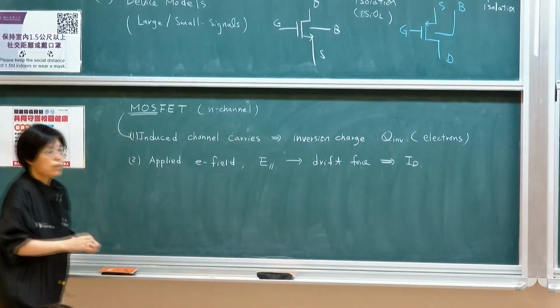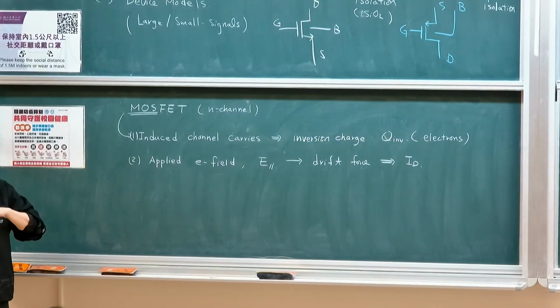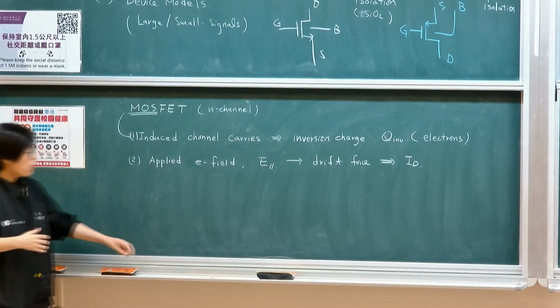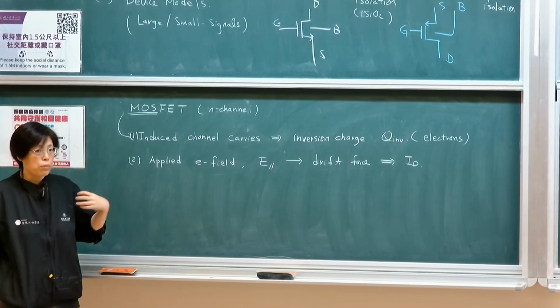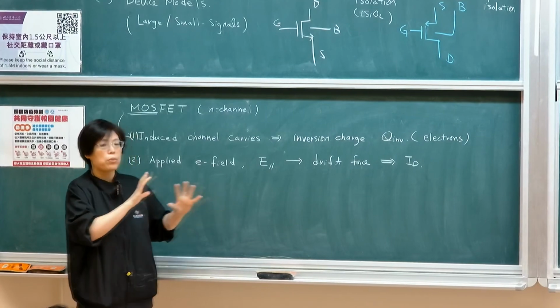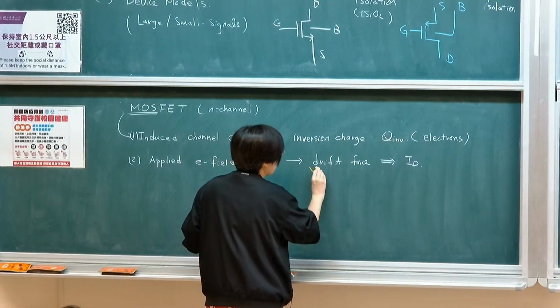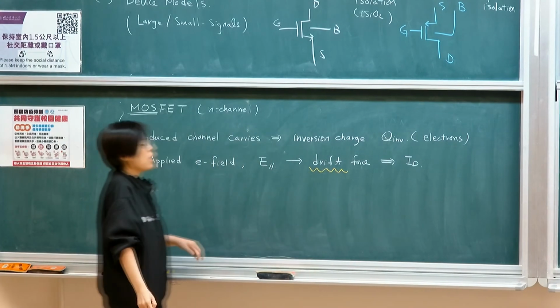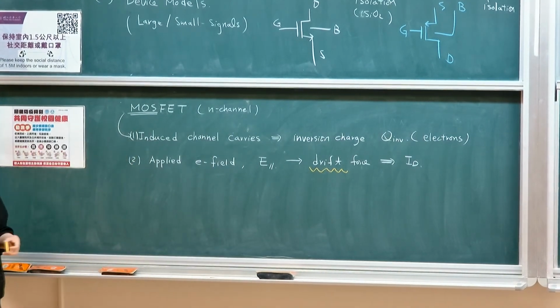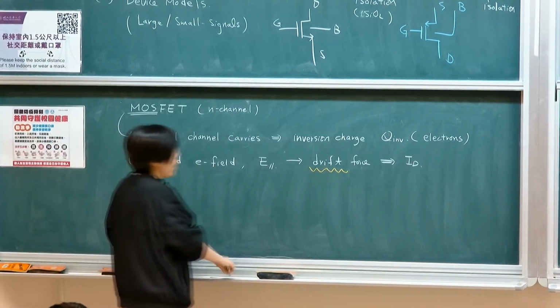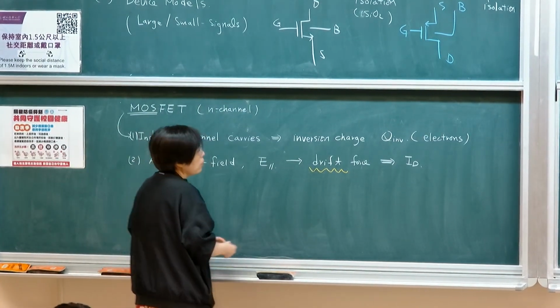So the basic idea is, once again, you induce the formation of the channel, and then once these carriers are there, you need to push them, allow them to flow from source to drain. One of the key important things is that it's a drift-dominated current. The current itself depends on the drift component rather than diffusion. So you have simply one carrier.